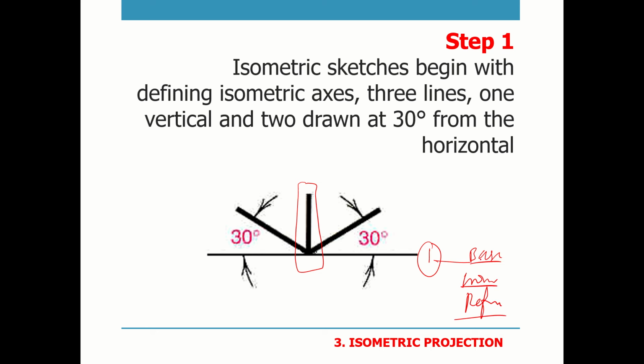This is where the object is resting. First is that. Then you draw the vertical line. This is the 90 degree line. This is the second step.